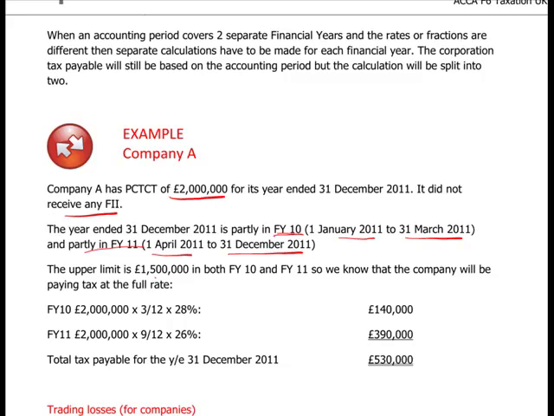The upper limit is 1.5 million in both years, so it will be paying therefore tax at the top rate, 28%, 26%. 2 million times the relevant number of periods, and that's your tax liability, 530,000.